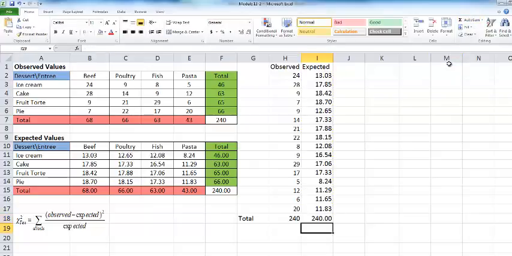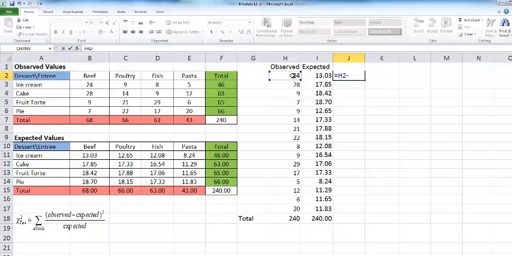Well, now if you look at the formula, I need to plug in the numbers for the formula O minus E. So O minus E, which is H2 minus I2. Then I can copy this to the end.